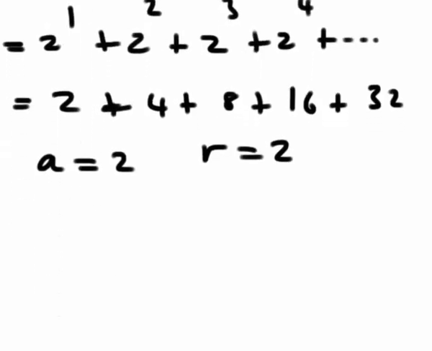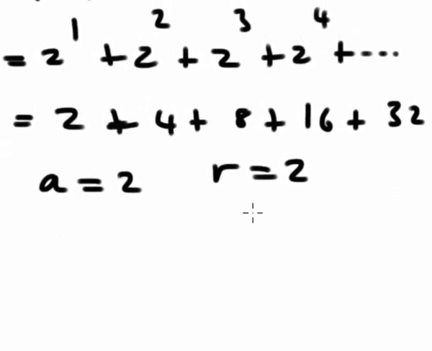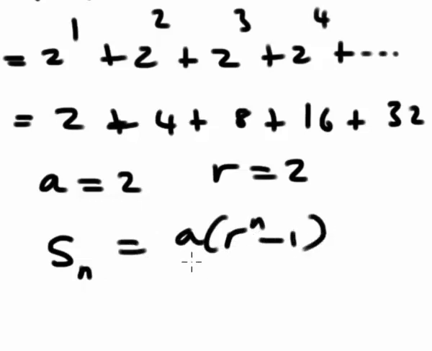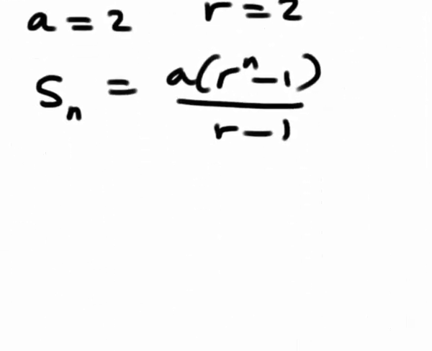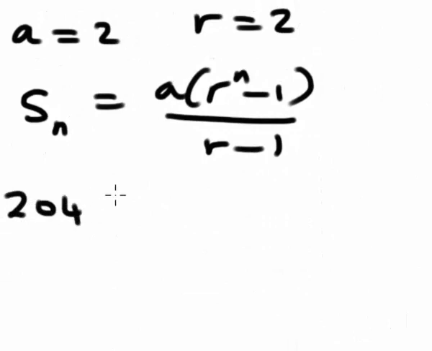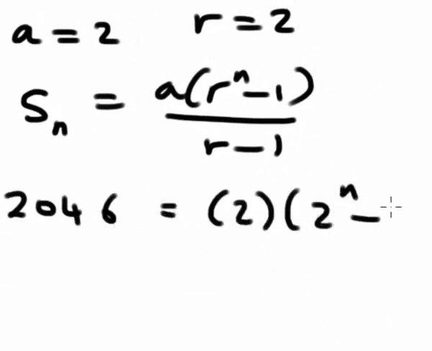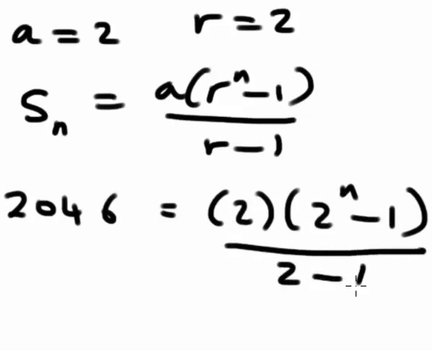And we've got n terms. So what we know is that Sn is a r to the n minus 1 over r minus 1. And we know the sum of this unknown number of terms is definitely 2046.